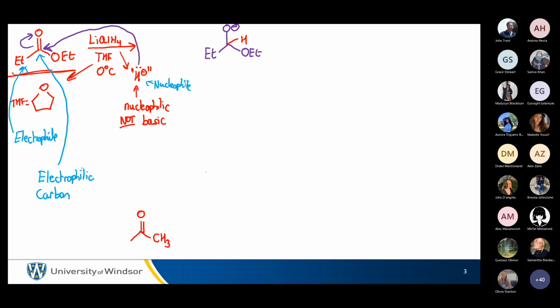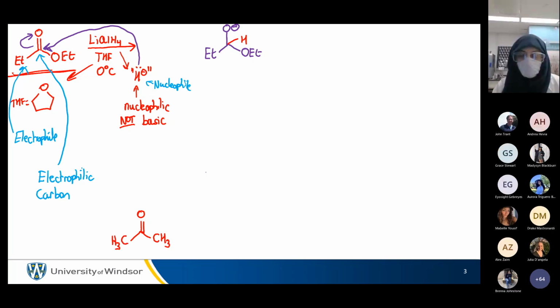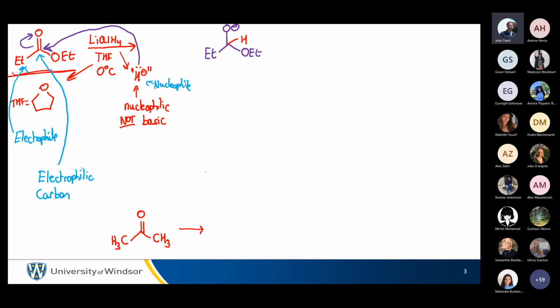So if we have acetone, and if we treat it with water, what we end up able to get through a very similar mechanism to what we've been drawing, we're going to come back to this mechanism in a moment, but let's just consider this for a moment, is we can add the oxygen as the nucleophile.